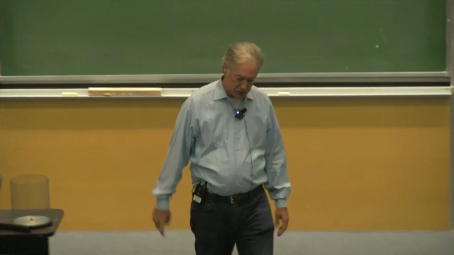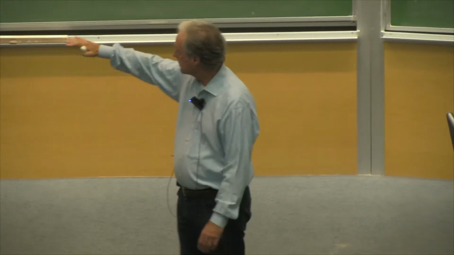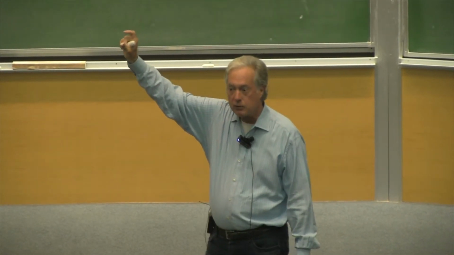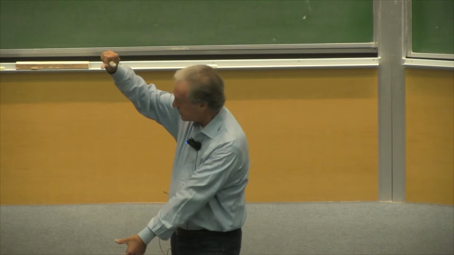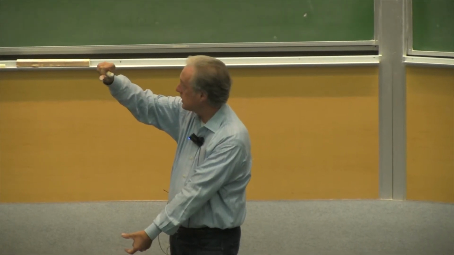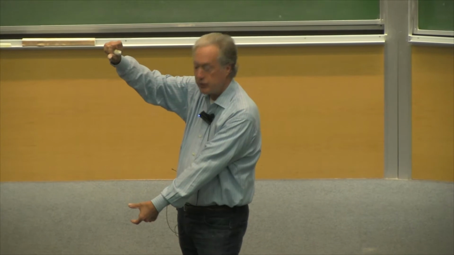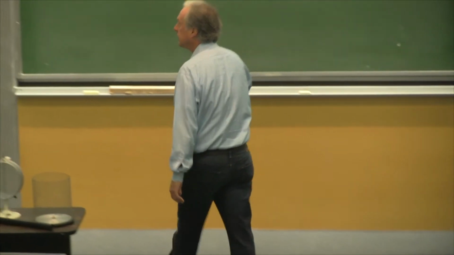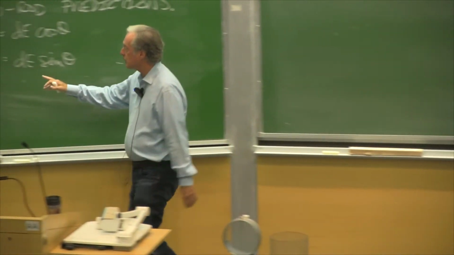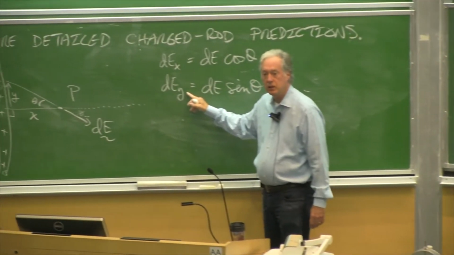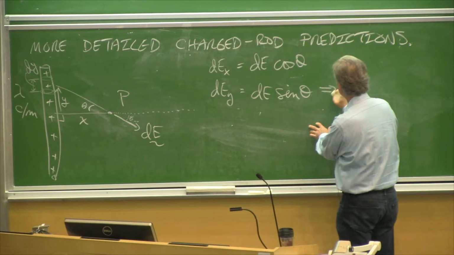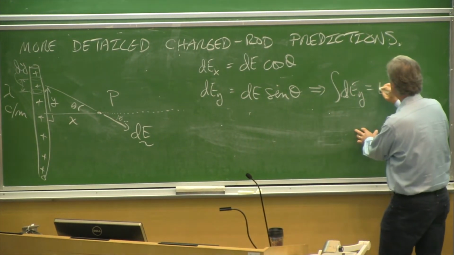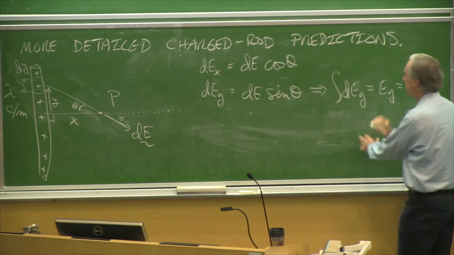And if I have an infinite rod, then for every element of charge that's in that dy up above, there is correspondingly a mirror image element of charge down below that's in a dy chunk also, and those two will cause the y components to cancel. So I know that the integral of the dEy's adds up to Ey, but that's equal to 0.